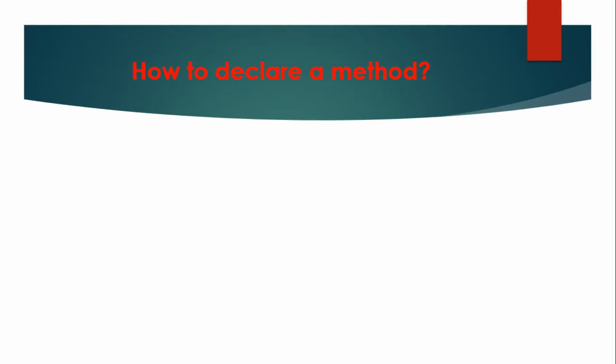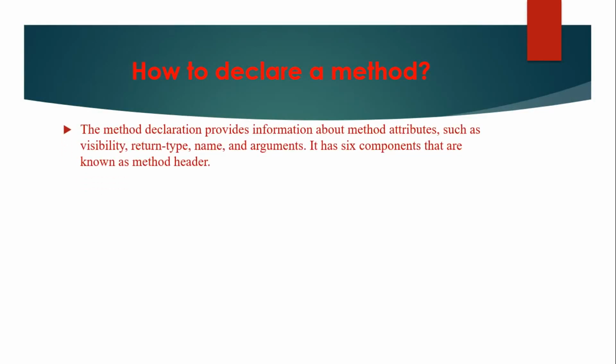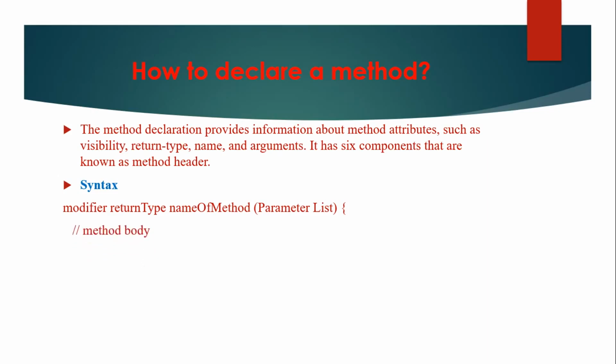Next is how to declare a method. The method declaration provides information about method attributes such as visibility, return type, name and arguments. It has 6 components that are known as the method header, and its syntax is modifier, return type, name of method and parameter list, inside the method body and curly braces close.